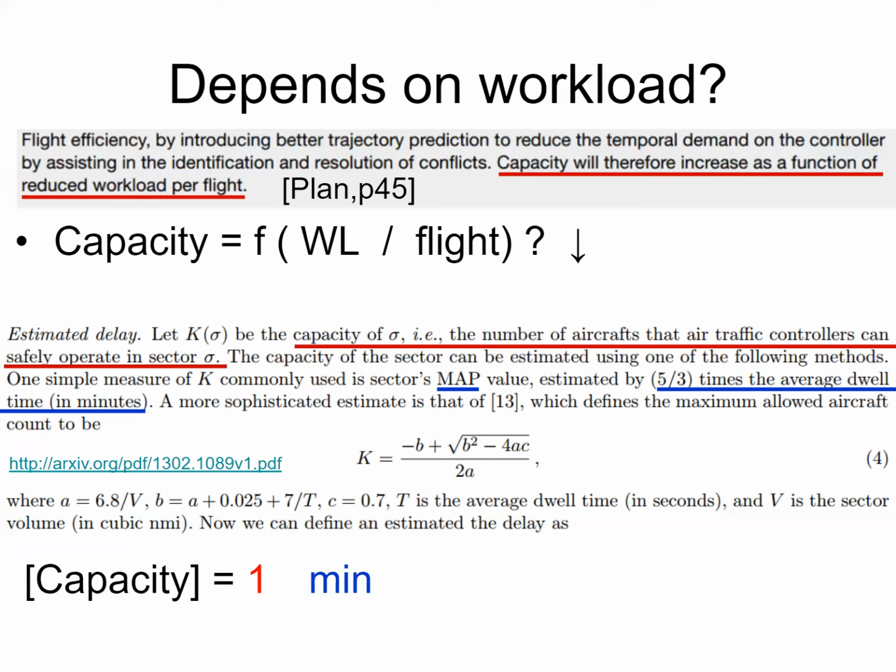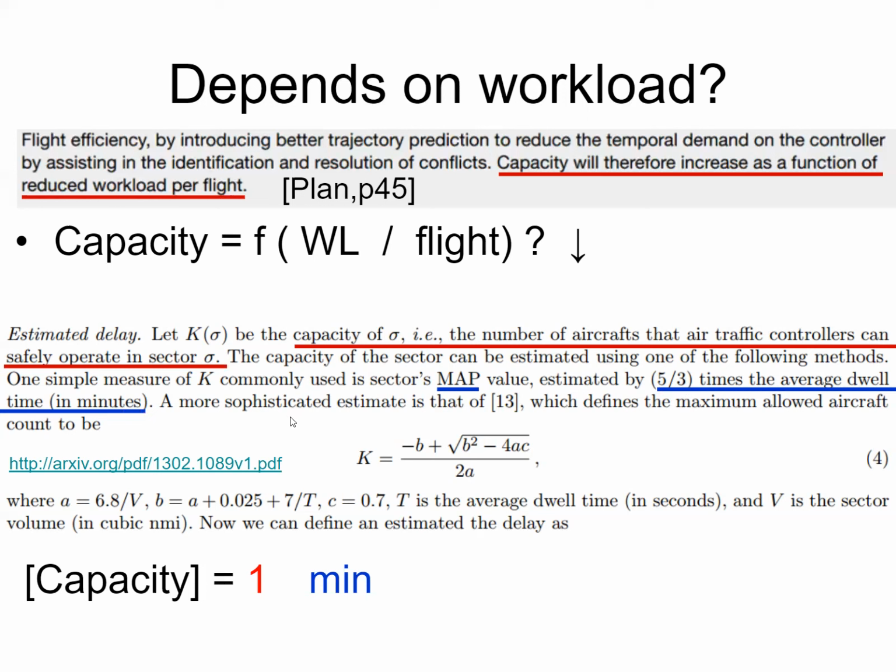And yes, for the sectors, there are these monitor alert parameters. If there is too much traffic, then the controllers should be alerted that the capacity is nearing its limit. But anyway, they say that this MAP value is estimated as a function of the average dwelling time, how long the aircraft spend within the airspace. It's not exactly equal to it. It's like 1.6 times the average dwell time.